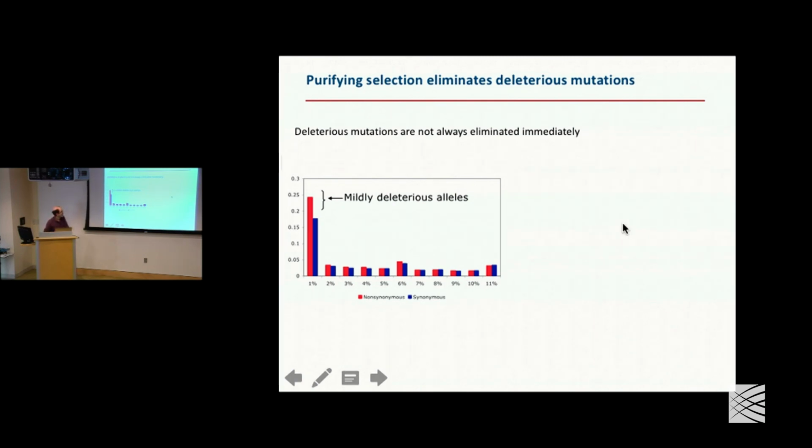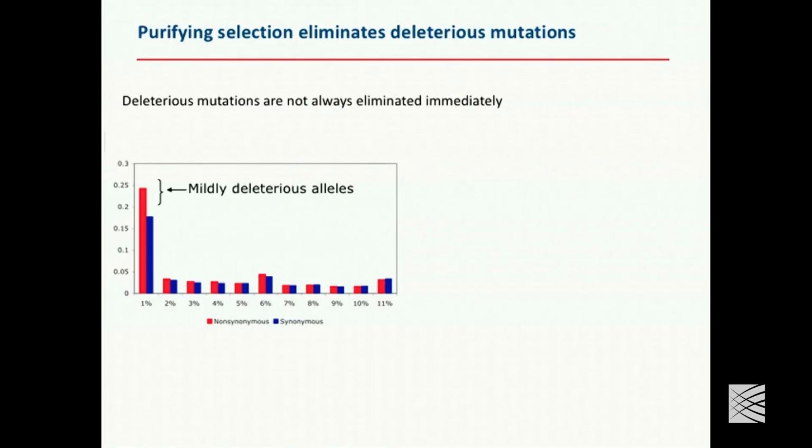So what's plotted here is the allele frequency spectrum for non-synonymous SNPs in red and synonymous SNPs in blue. And it's very similar at most frequencies, but at the lowest frequency bin, there's an excess of non-synonymous mutations. And that's because these are mildly deleterious alleles that will be eliminated eventually by selection, assuming the selective pressures don't change.